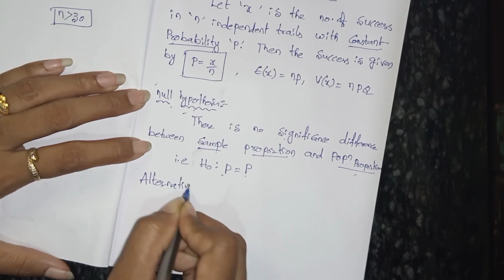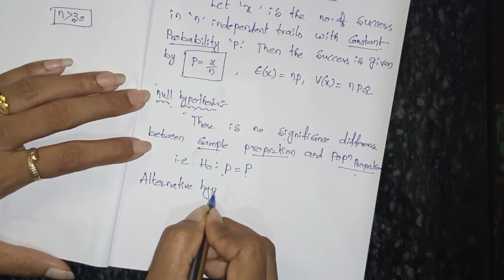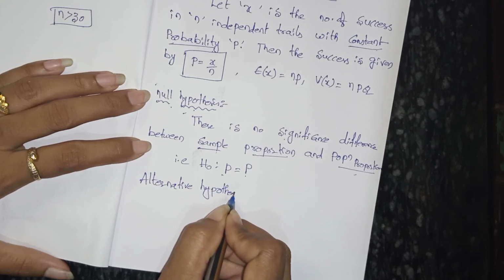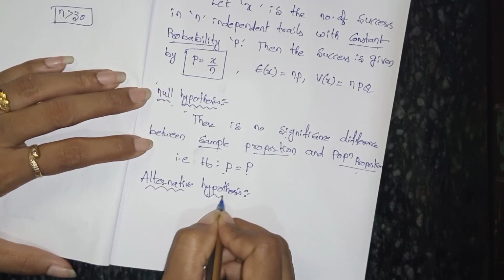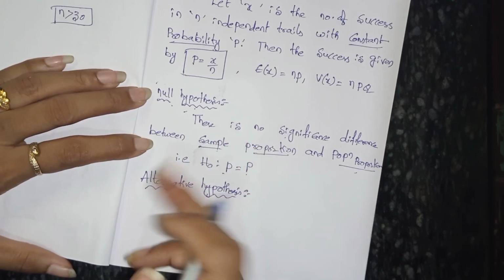Next, the alternative hypothesis. It is the contrary of the null hypothesis.